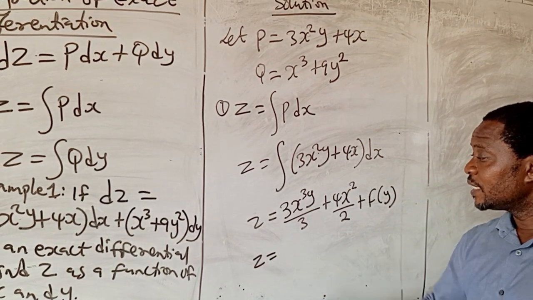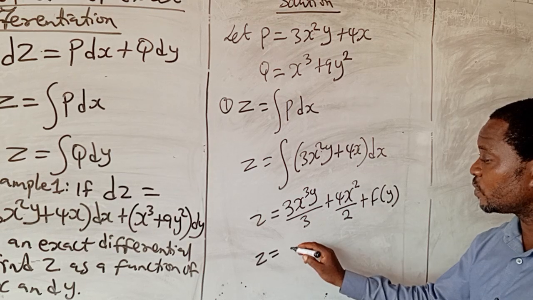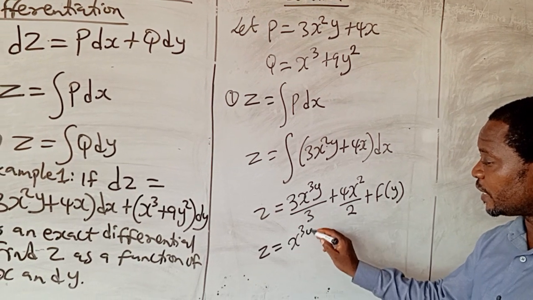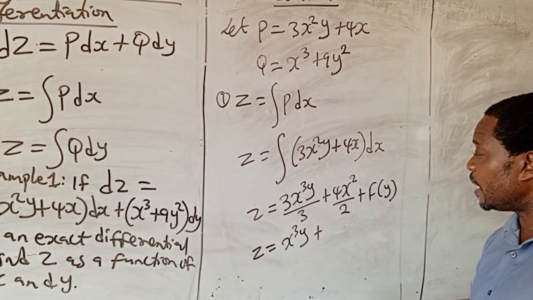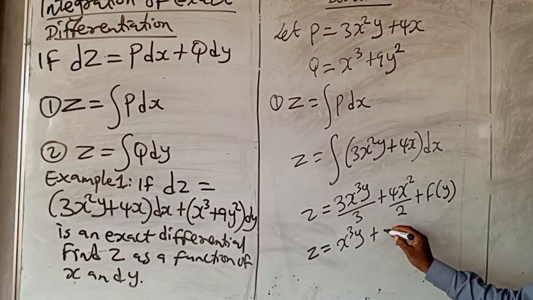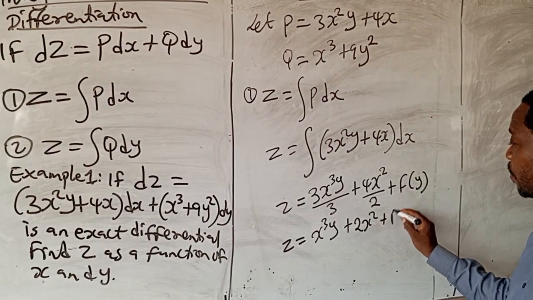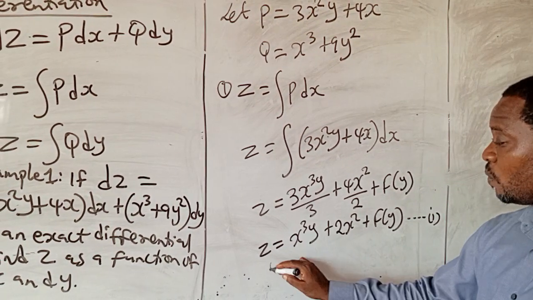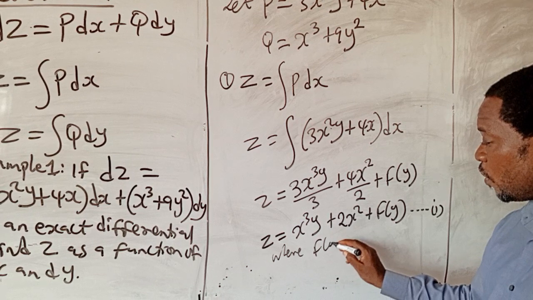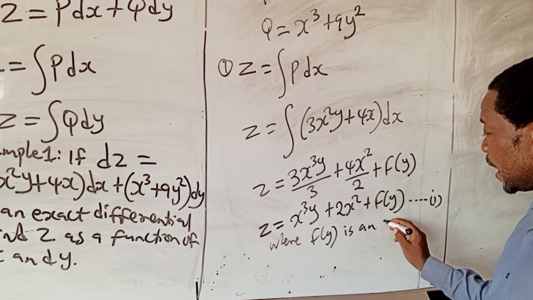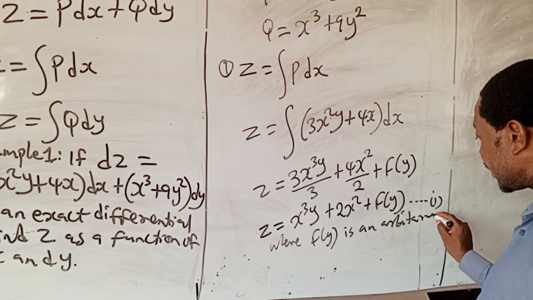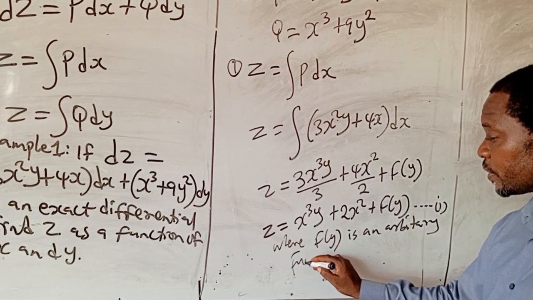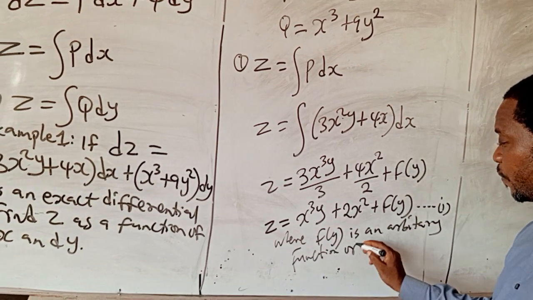So you have that z will, this 3 will cancel this 3 to give you x raised to the power 3 y, plus 4 divided by 2 is 2. So it's going to give you 2x squared plus f of y. You call it equation 1, where f of y is an arbitrary function of y.